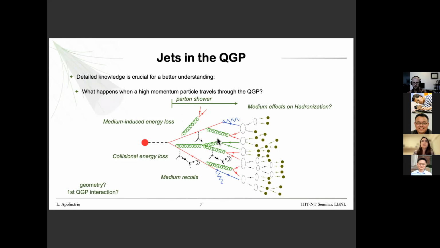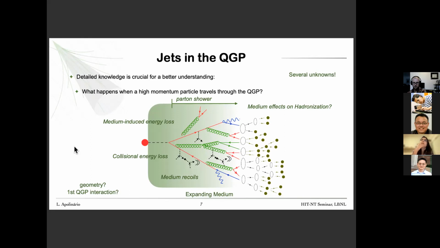We have the interaction with the background, with the quark-gluon plasma, that will induce extra radiation, what we call the medium recoils, and will be correlated with the incoming direction of my parton. And we have, of course, a very fast expanding medium that will also control the magnitude of all these effects, depending on which stage my parton shower is at the moment. So we have several unknowns.